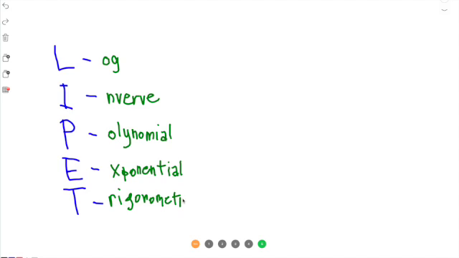As you practice your integration by parts, you will realize later that E and T are interchangeable. Sometimes the acronym is LIPTE or LIPET. So this succession is your criteria for choosing u.